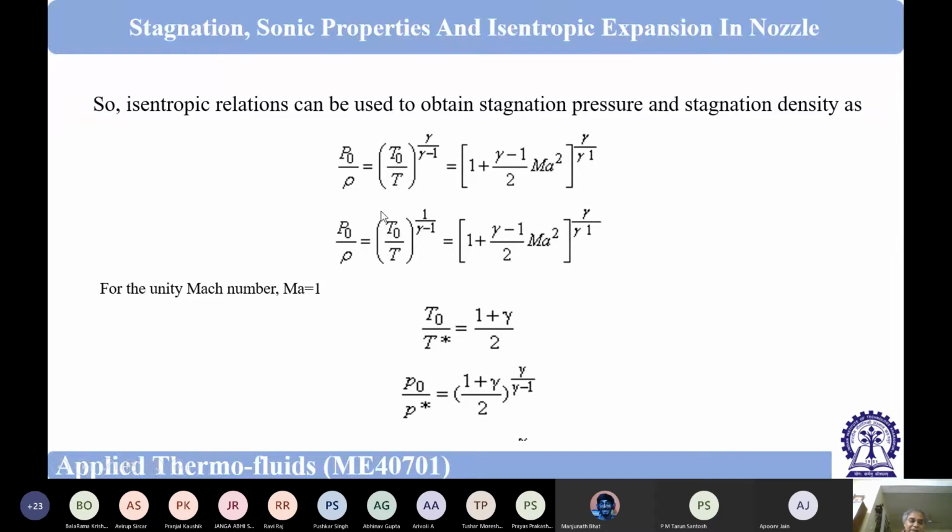And if this T is replaced by T star, then we have to replace Mach number by 1. Then the stagnation property and the sonic property will be given by this particular formula: T0 by T star, P0 by P star. So these are the formulas which we will get.